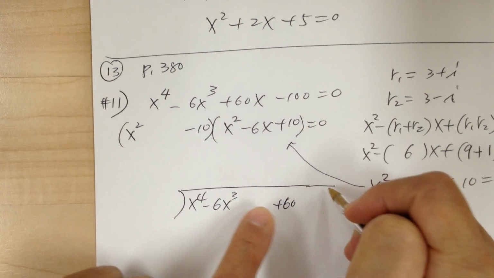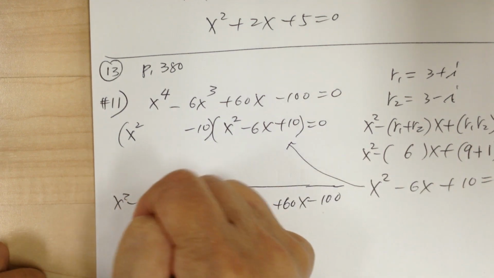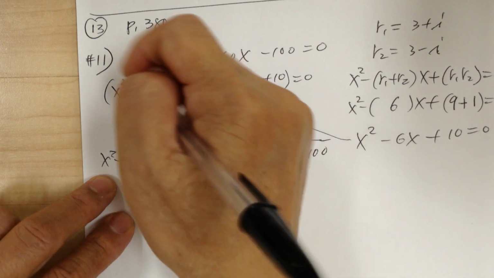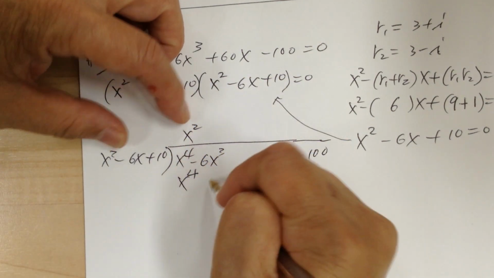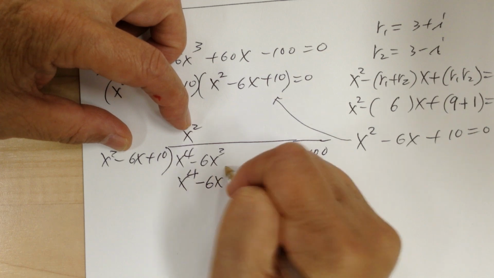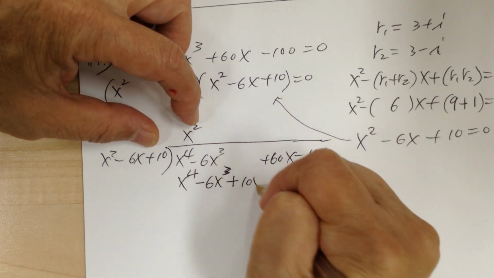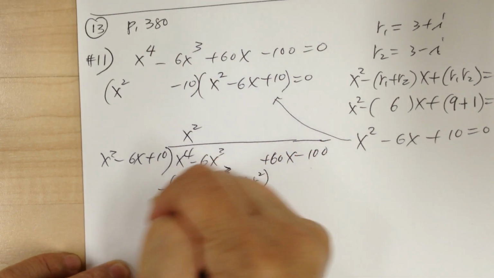Remember that you have to put a space, right? Divide by x squared minus 6x plus 10. So this one you have to do the long division. Again, we already know that this has to be x squared. So multiply: x to the 4 minus 6x to the 3 plus 10x squared. Put parentheses, subtract.